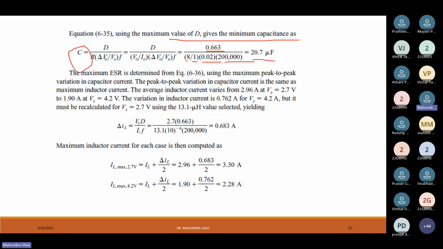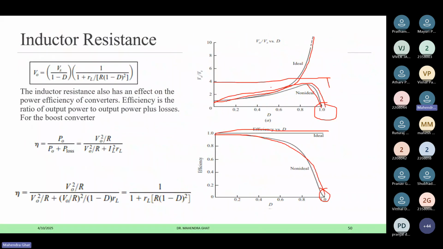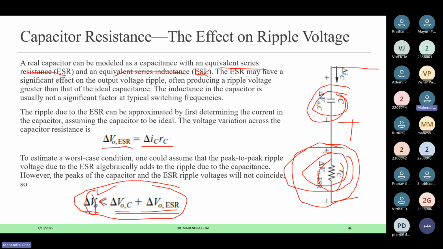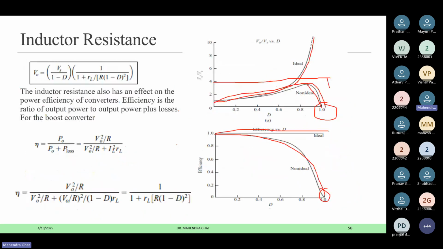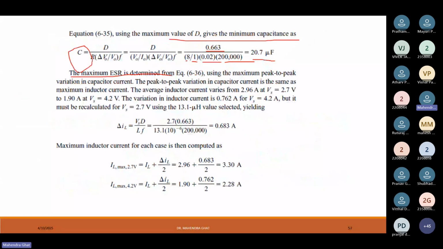Now one more thing they have asked is the ESR, and the maximum ESR is determined from the equation. If you look at the previous equation for the ESR, it is delta Vc by delta Ic. Whatever the maximum Ic is, the delta Ic here comes as delta I. So for maximum delta I, you will get the maximum value of the ESR.